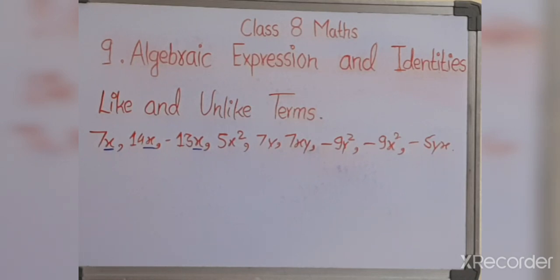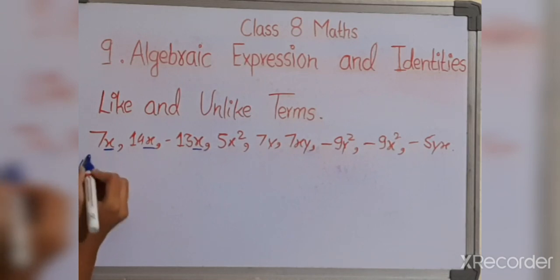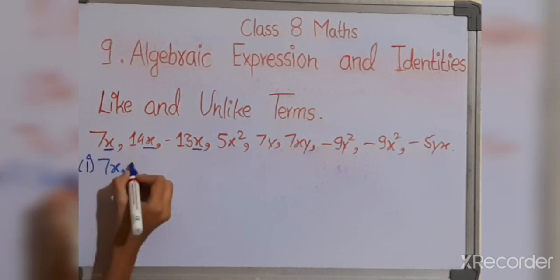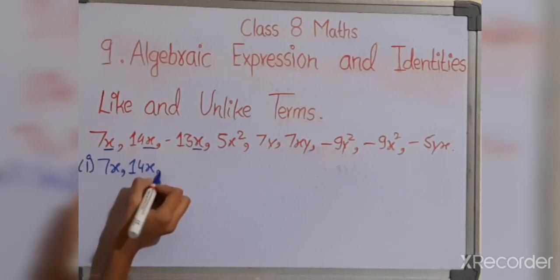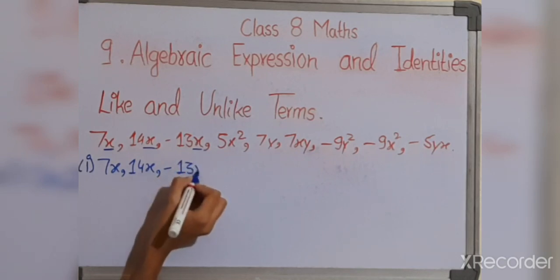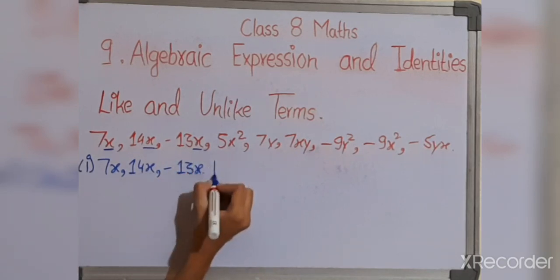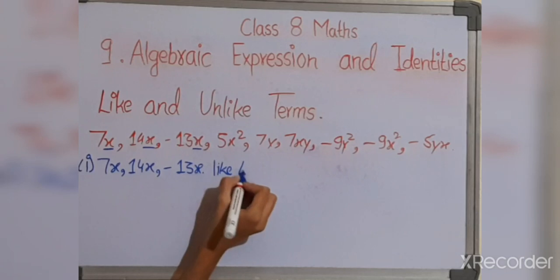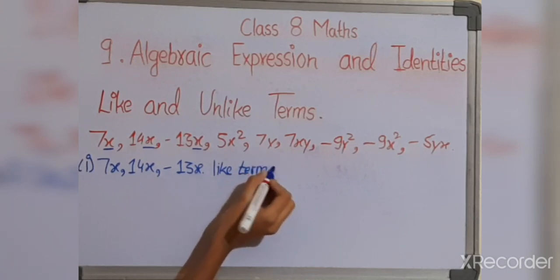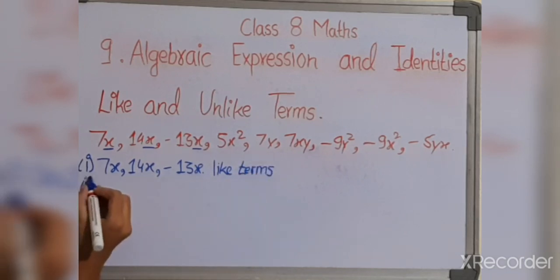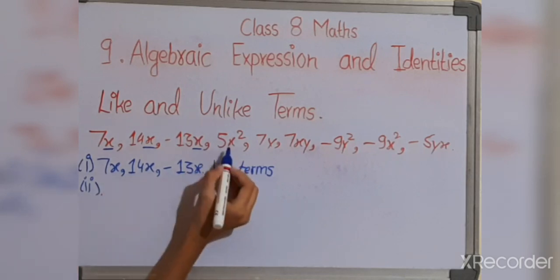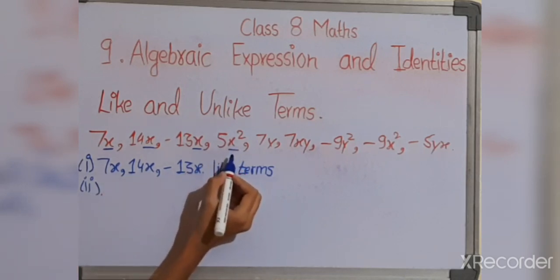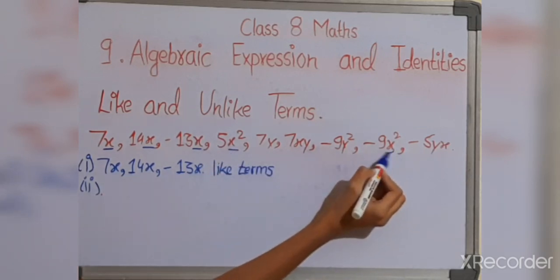The terms that are having the same variables are known as like terms. So from this we find that 7x, 14x, minus 13x are like terms. Again, we find that here 5x square and minus 9x square.